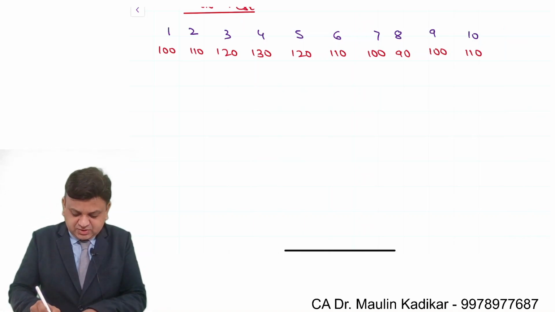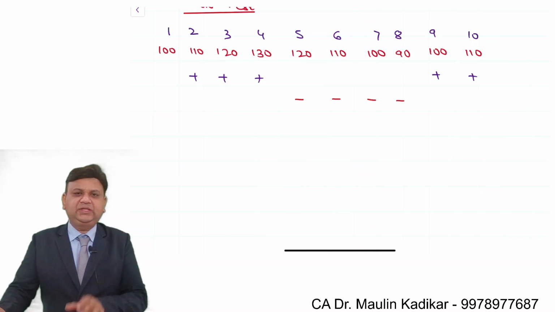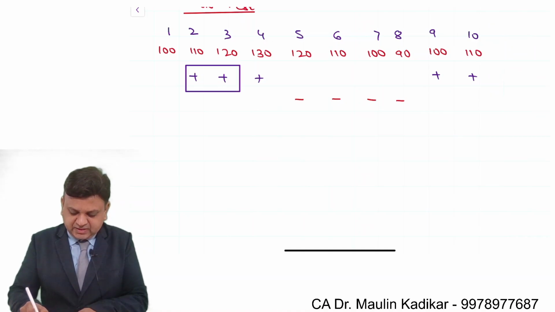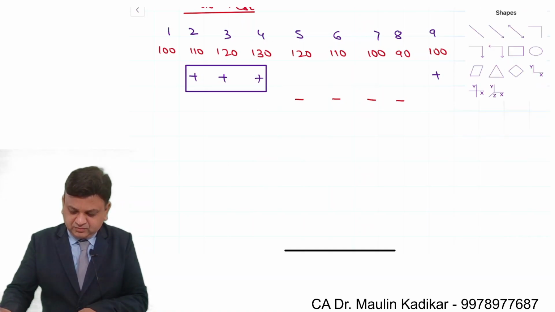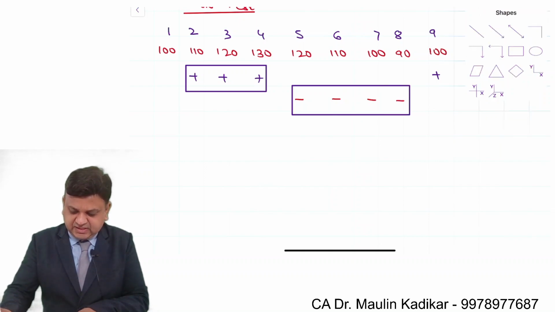We can see that over here it increases, so plus, and over here it goes down, so minus, minus, minus, minus. Again it is going up like this. So this is considered a kind of uninterrupted sequence of the price change. The price increases, then the prices fall, then the price again increases.